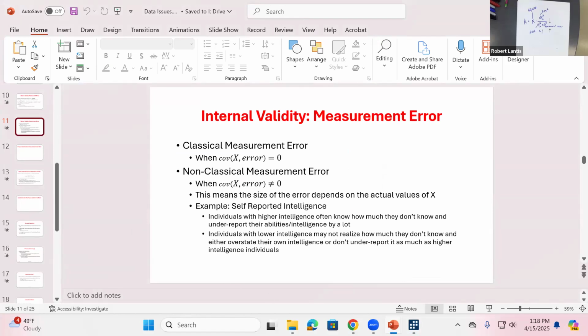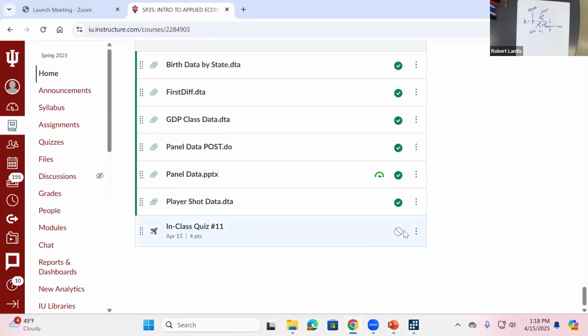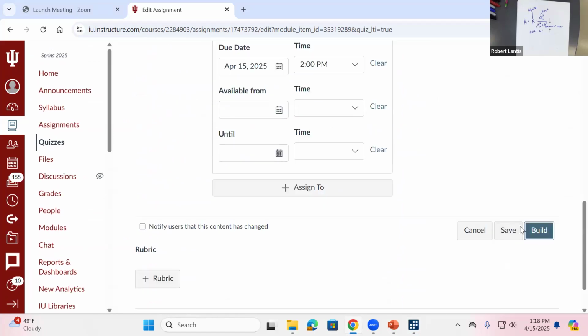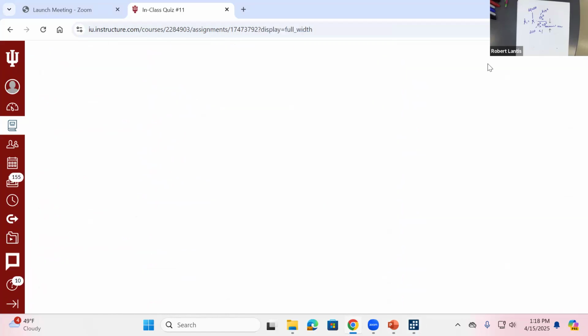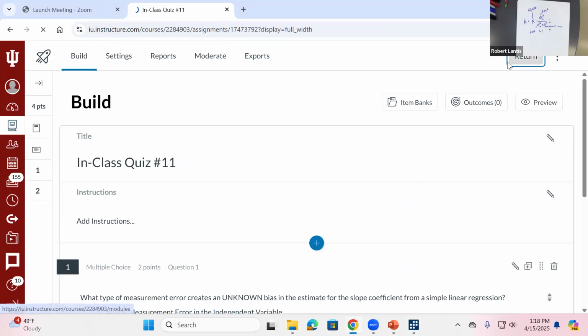That's what I wanted to do on Thursday, when I couldn't get the files open. So let's make this easy today and get this out of the way early. I've got this in-class quiz. I've got it set to be due at 2, but actually, let me go back.